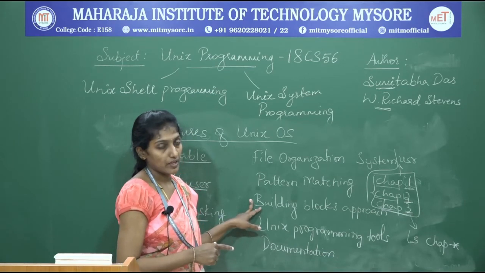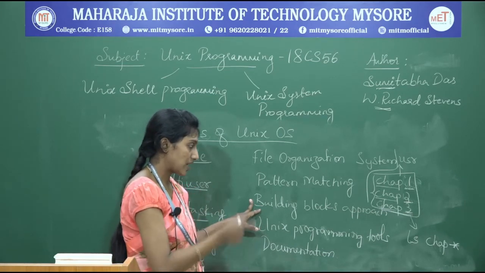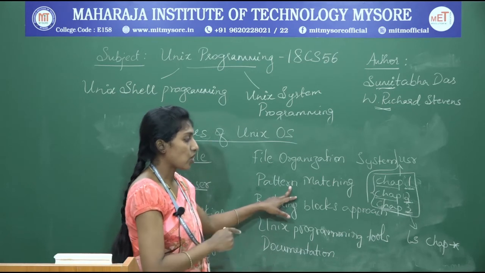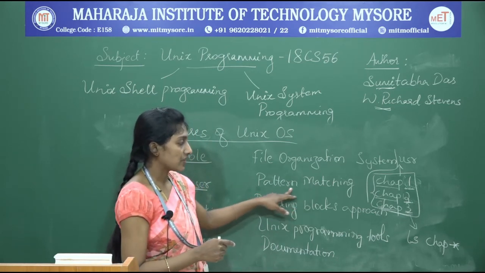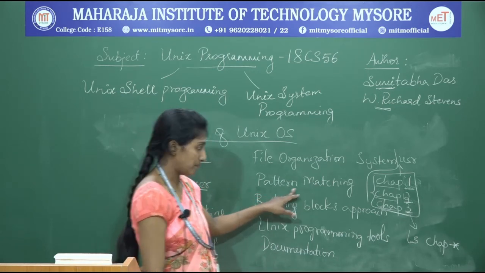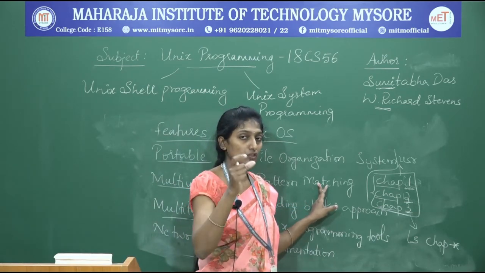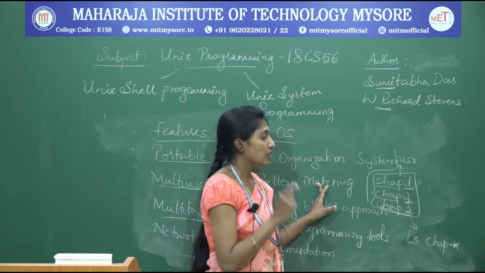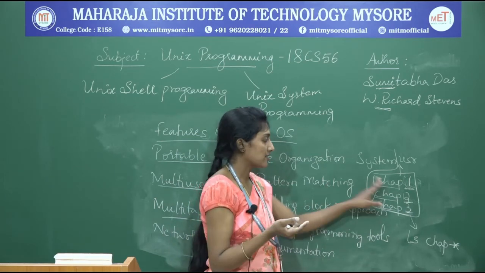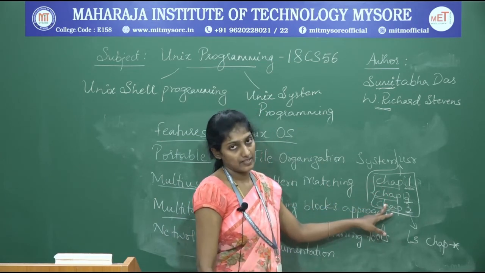In the Unix shell programming, or in the Unix operating system, we have this feature, that is pattern matching, in which it defines a set of meta characters. By using those meta characters, you are able to access this kind of files.